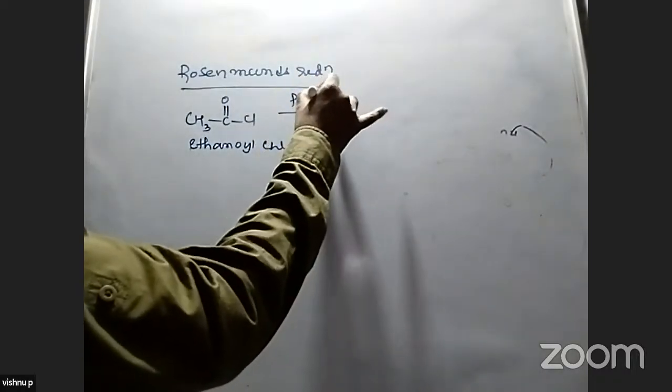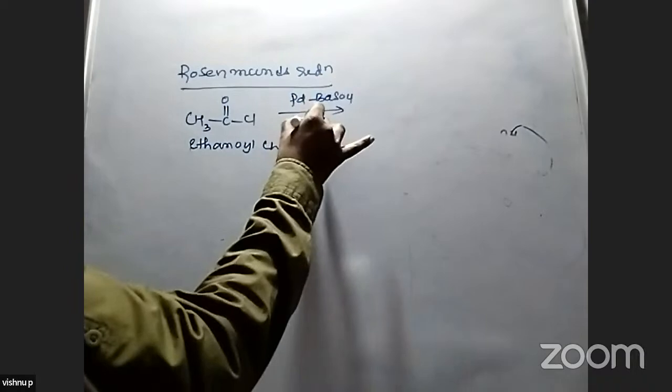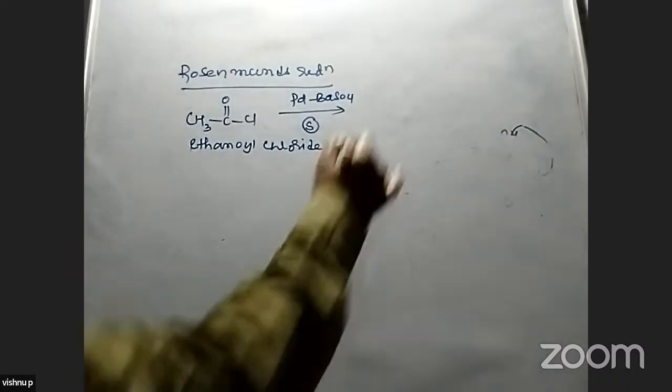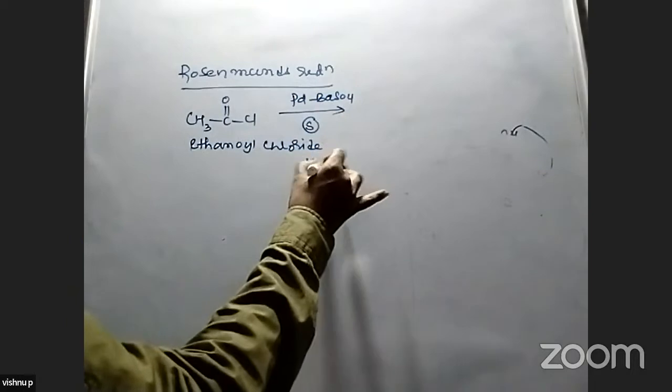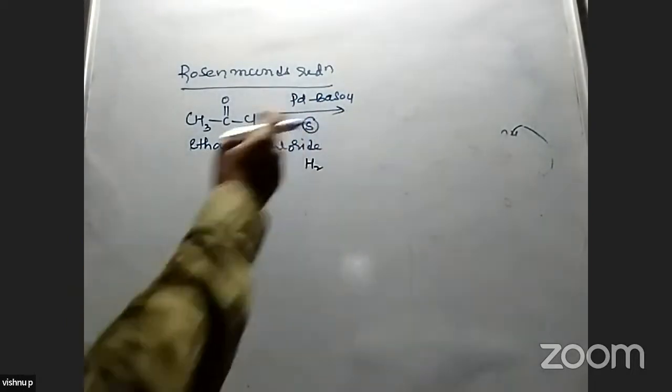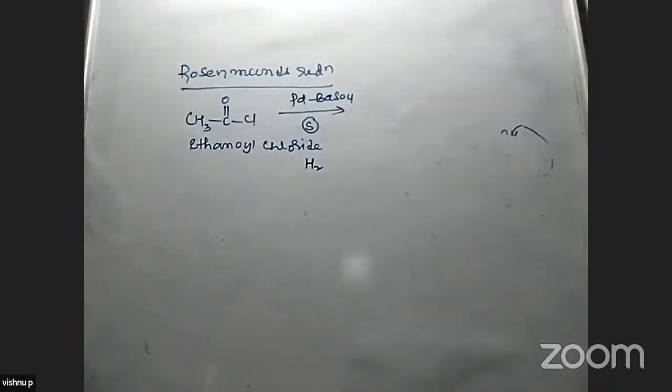a palladium and barium sulfate mixture, here sulfur acts as a catalytic poison. So this palladium produces hydrogen, but not in excess, only a small amount. Without the catalytic poison, excess amounts of hydrogen are produced by palladium, because nickel, platinum and palladium can release excess hydrogen when heated.